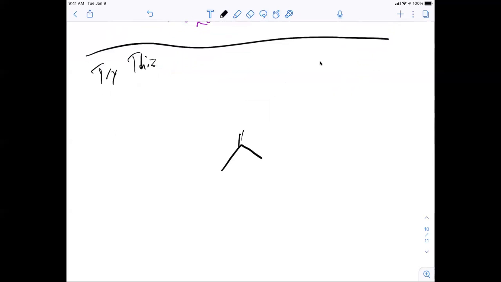What I want you to do is to complete, using your notes, this chart.